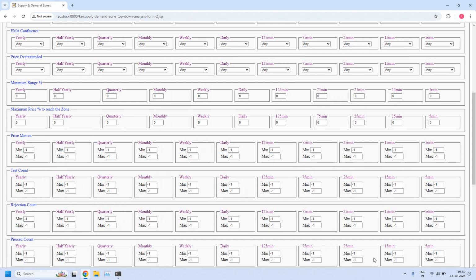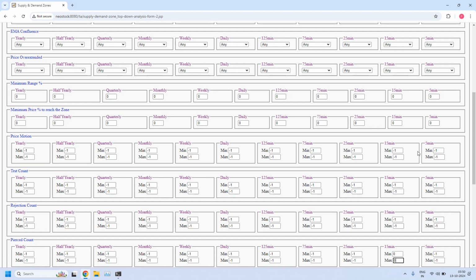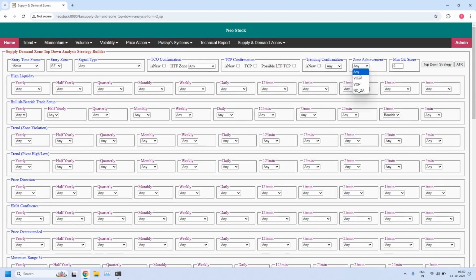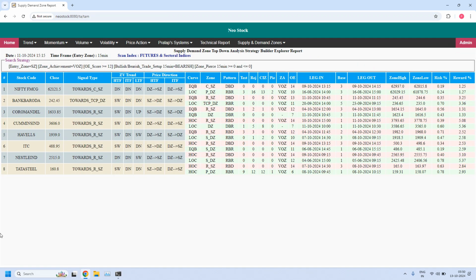So in the pierced count at 15 minutes time frame, minimum value is 0, maximum value is 0, zone achievement VOZ, minimum order enhancer score 12. All the 3 filters are applied to 15 minutes supply zone. We got 8 stocks filtered. All these 8 stocks are currently supporting bearish trade setup for daily income trade, that is entry time frame 15 minutes.